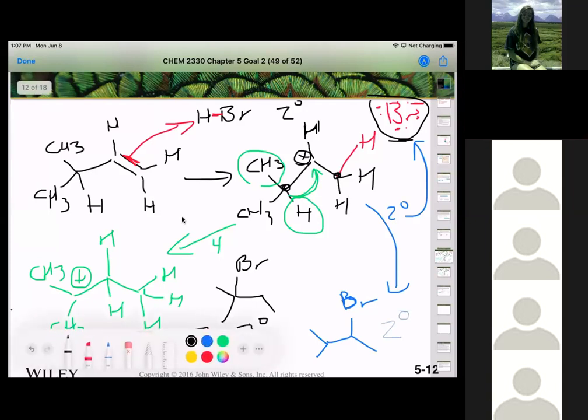Boy, that doesn't look like a 3, does it? Tertiary. Okay, so that's how the shift works. That's why the shift works, and that's why we see both products. Because if this reacts as the secondary, because of concentration or solvent, we will see that product. Okay, does that answer your question, I think?